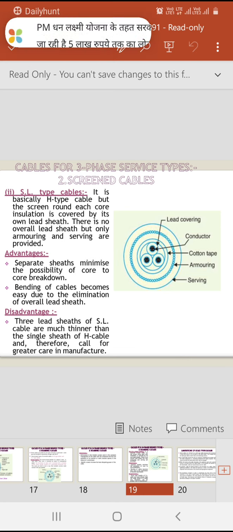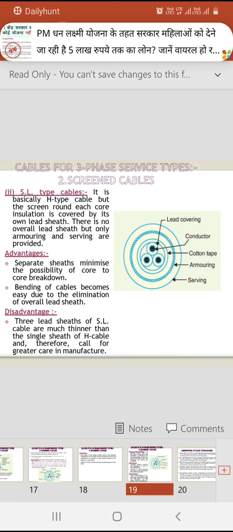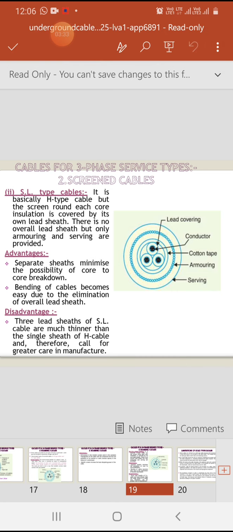The SL type cables have two main advantages over H type cables. Firstly, the separate sheaths minimize the possibility of core to core breakdown. Secondly, the bending of cables becomes easy due to the elimination of the overall lead sheath.